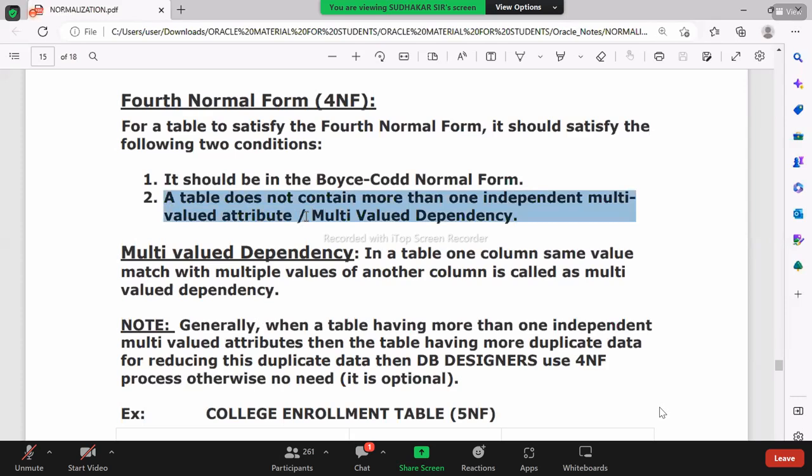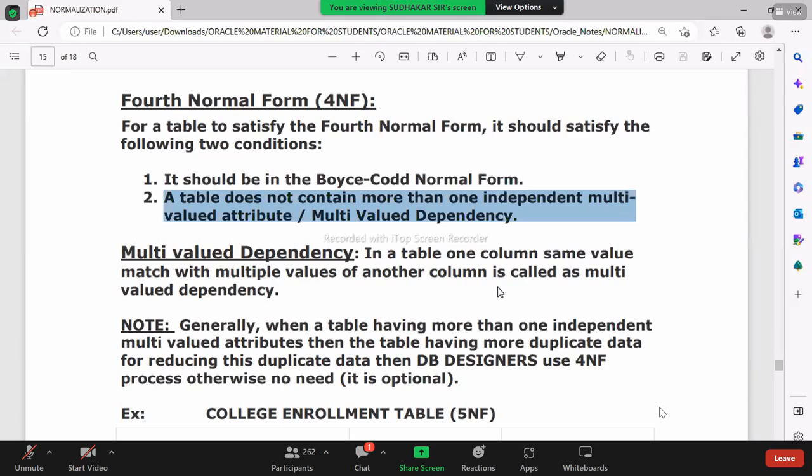Attributes means columns. That is called multi-valued dependencies. So, in your table, if there is more than one independent multi-valued column, then immediately split.